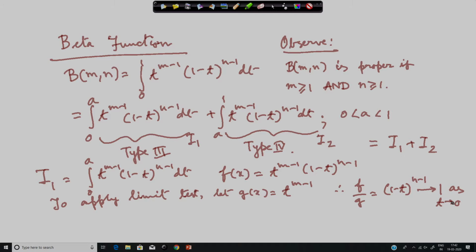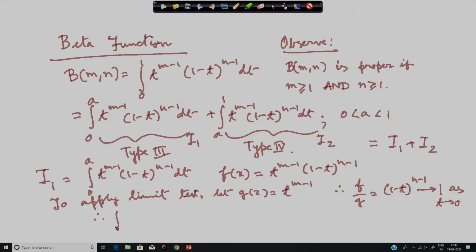Therefore, integral f dx and integral g dx both will converge or diverge together. That is, if integral g converges, then integral f converges. If integral g diverges, then integral f diverges.